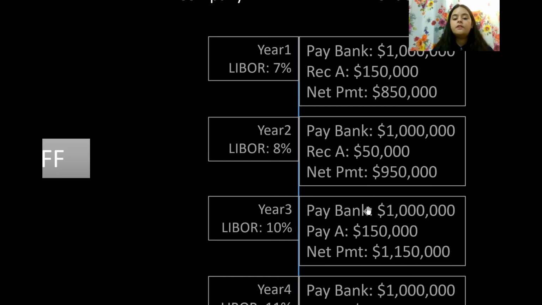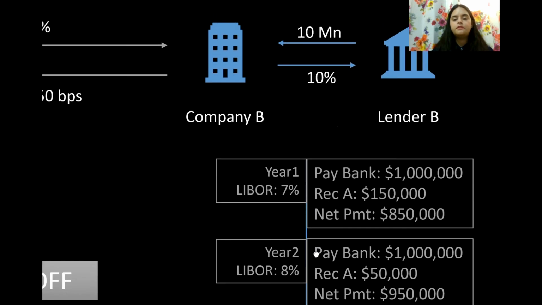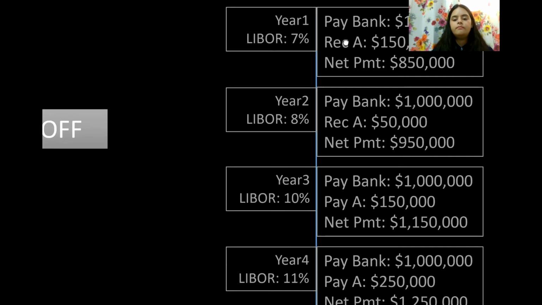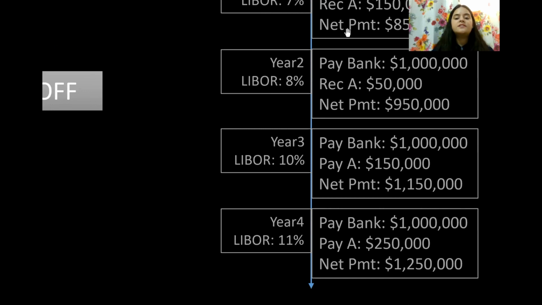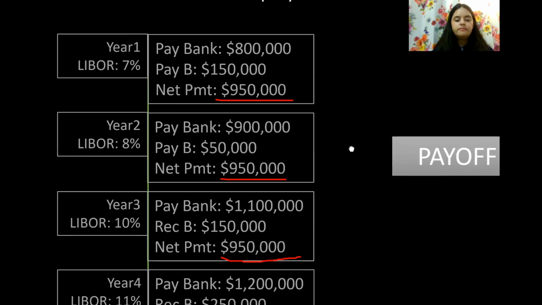Now in year three, when the LIBOR has further increased to 10%, company B pays the bank 1 million, which is 10% of 10 million. And it has to pay company A $150,000, like we mentioned here.